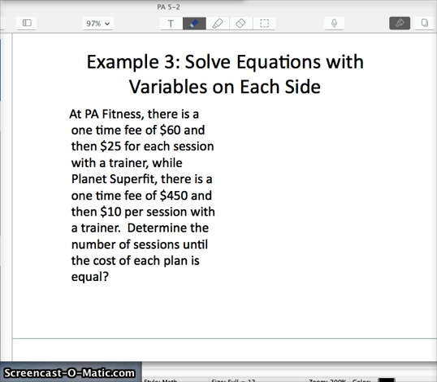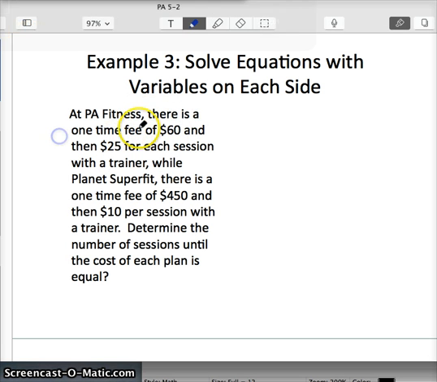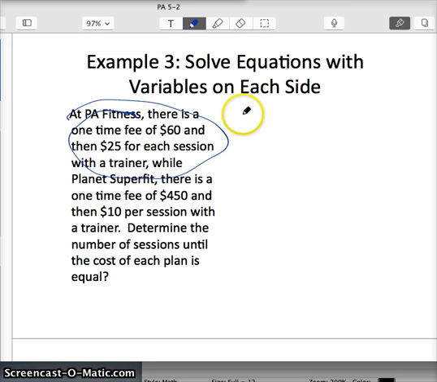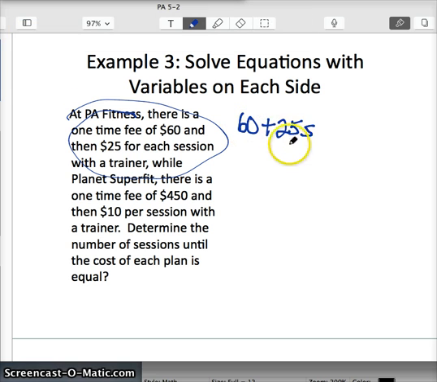So first we need to create expressions for each situation. For the first one, at PA Fitness, you have to pay $60, but the $25 depends on how many sessions with the trainer you have. Let's call that S. So 60 plus 25 times S, where S is the number of sessions you have with the trainer.